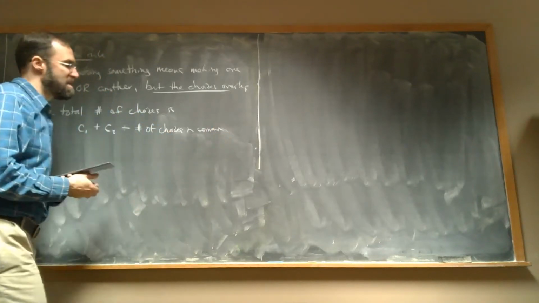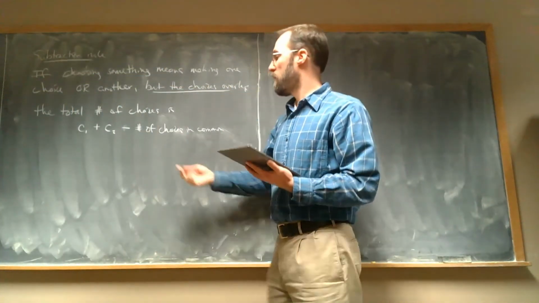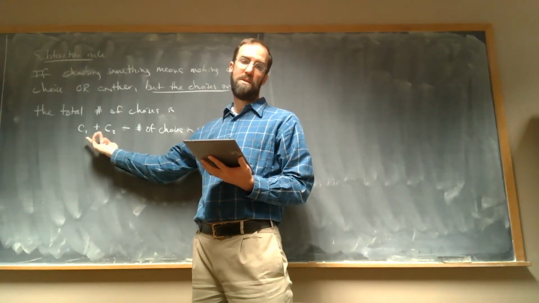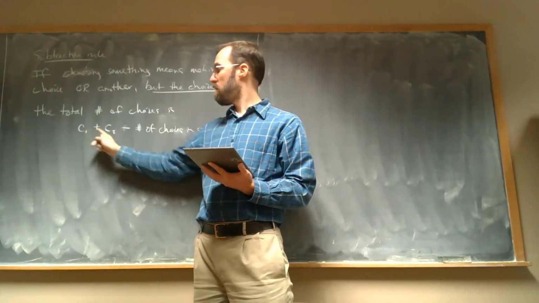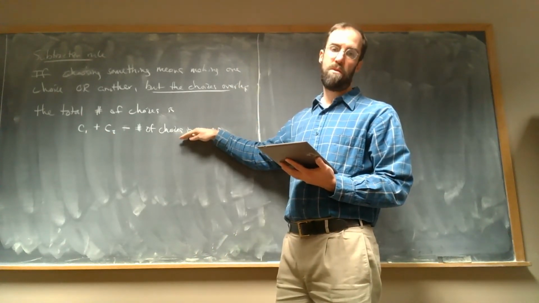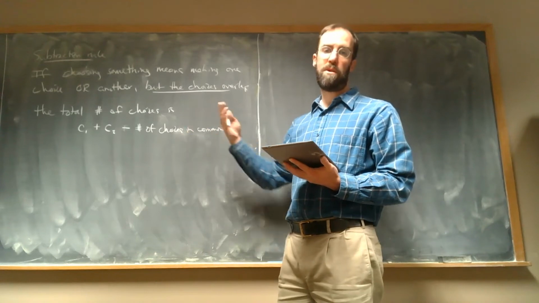Right, because if there's overlap, when I add these, any choice that overlaps I've now counted twice. I counted it once in here and once in here. So we just have to subtract those, and then we will only have counted them once.